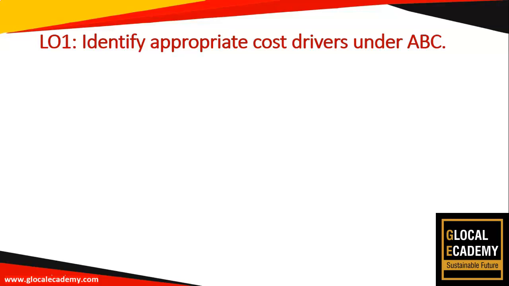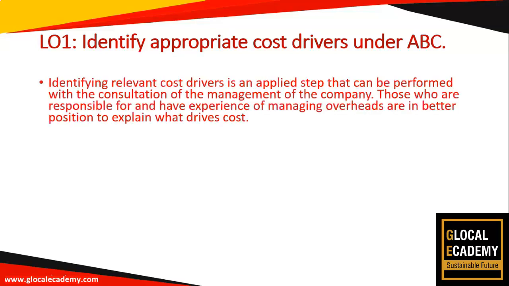In the first slide, I told you there are three main objectives. The first objective is to identify appropriate cost drivers under ABC. So in a multiple choice question or in an objective type case, you may come up with a question where you need to identify the appropriate cost driver under activity-based costing.